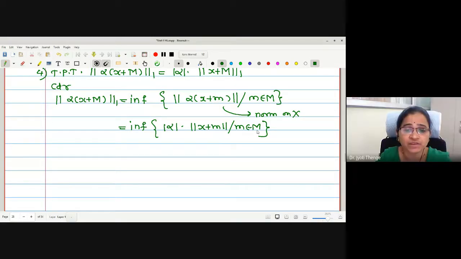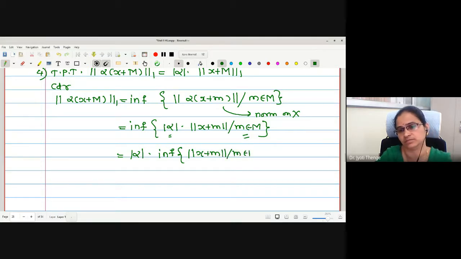Now this inferior is running over the elements of M. It is independent of alpha. Therefore, can I take this alpha out? Mod alpha into inferior norm of x plus m provided m is in M. Okay, therefore what is this definition? Norm 1 of x plus capital M. Hence the proof.